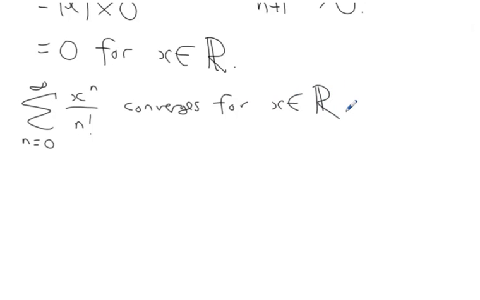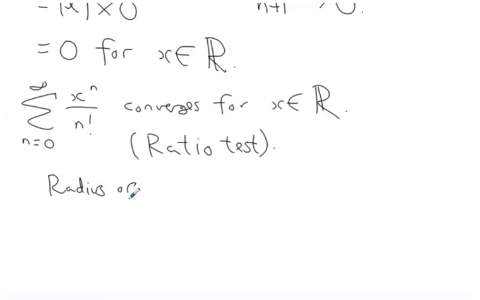So if it converges everywhere, then the radius of convergence must be infinite. Just before that, make sure you say why we know that it converged. It was the ratio test. So the radius of convergence is infinite.